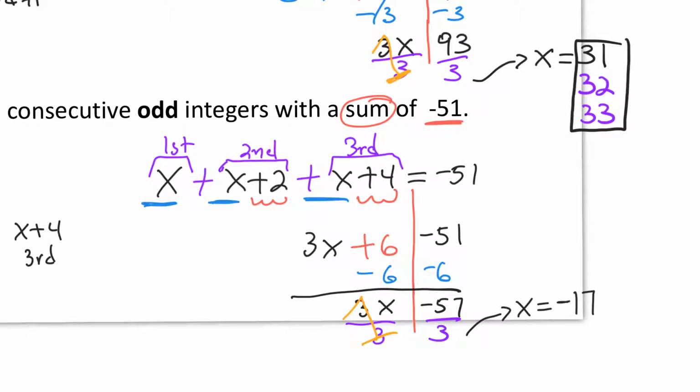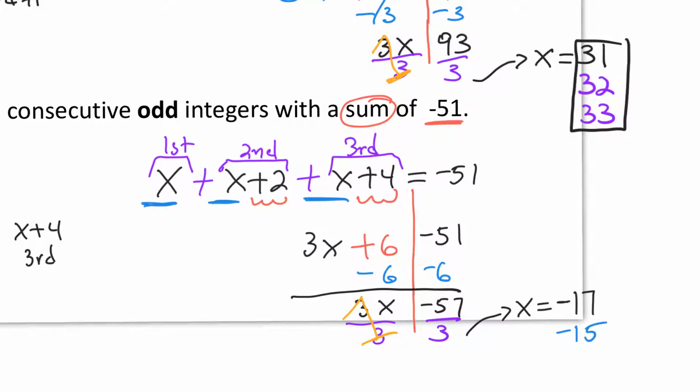Now for this one here, you have to be careful because my answer is a negative 17. We're looking for odd numbers. It is a negative, but 17 is odd. So remember that we talked about the first number to be x, so that's my answer, negative 17. The second number is x plus 2, so you have to be careful on that. If x equals negative 17, so here's negative 17 plus 2, that's going to be negative 15.